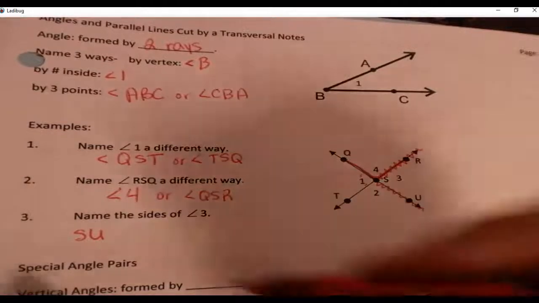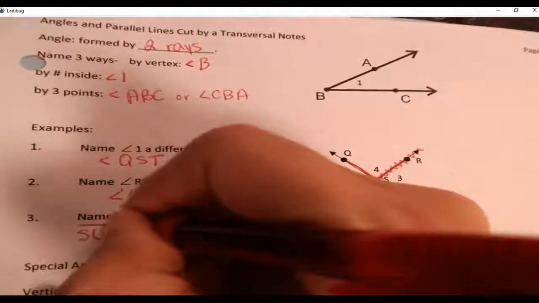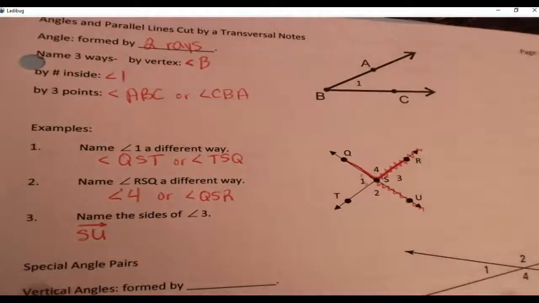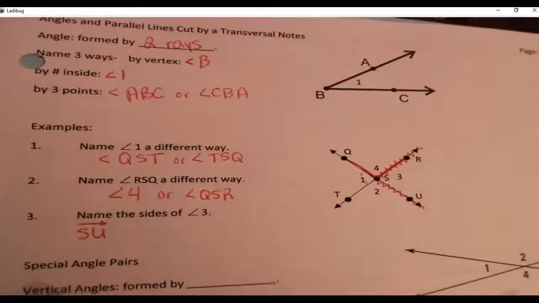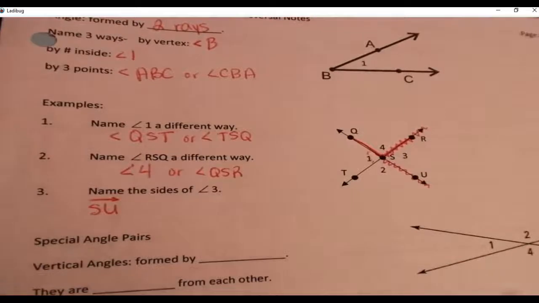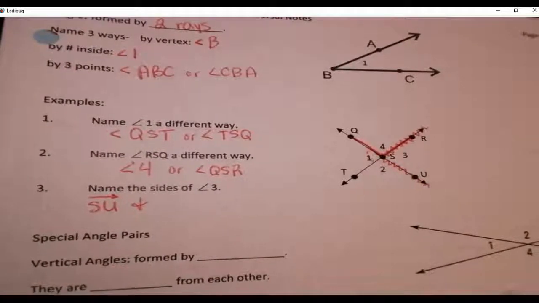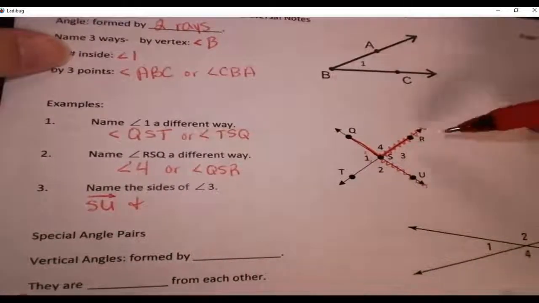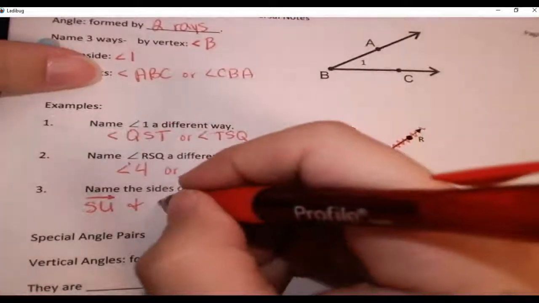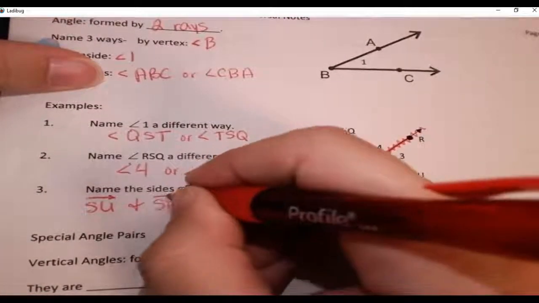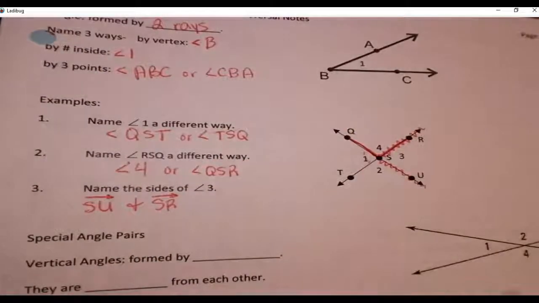And since it's a ray, we can just put a little ray over it. And what would be my other side? SR, good. Or again, you can say RS, doesn't matter. Questions?